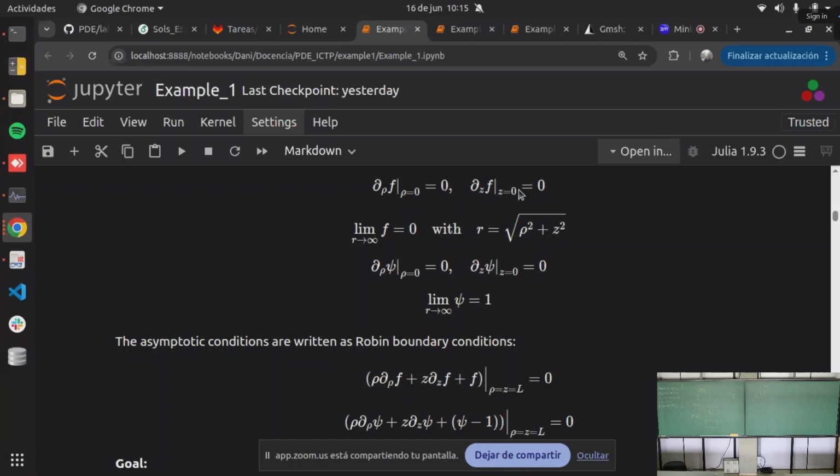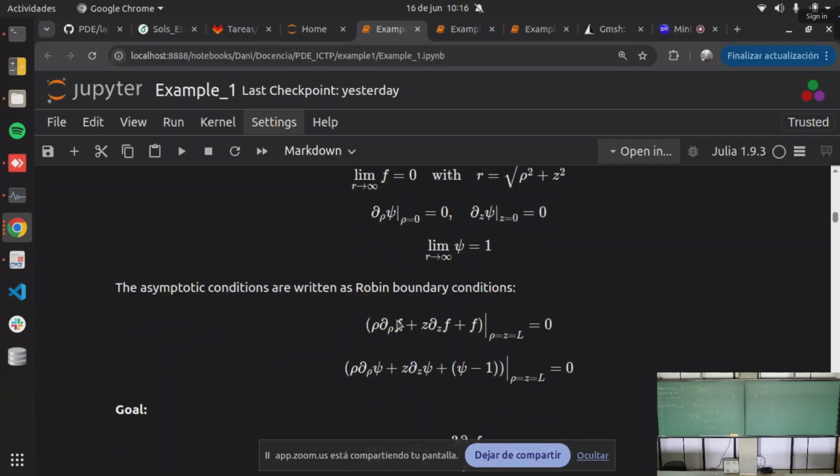Neumann condition for F and for C, and the asymptotic condition we will write as Robin boundary conditions. This one and this one, in this way. Thank you, Leko. Everything is okay.